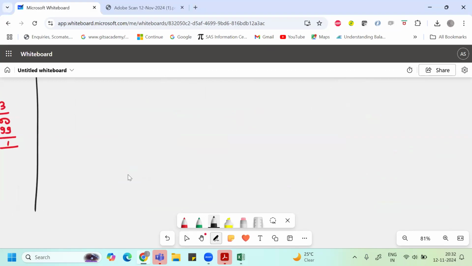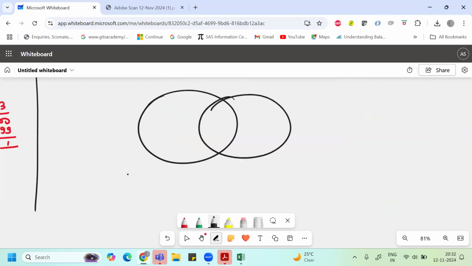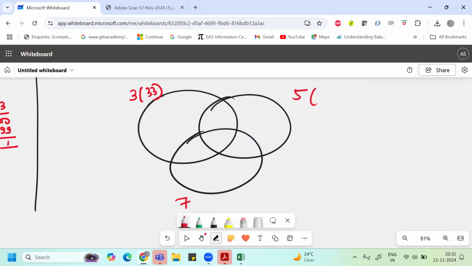Let me make a better diagram. Okay, so if I write here number divisible by 3, number divisible by 5, number divisible by 7. Number divisible by 3 would be 33 numbers from 1 to 100, 5 would be 20, 7 would be 14.